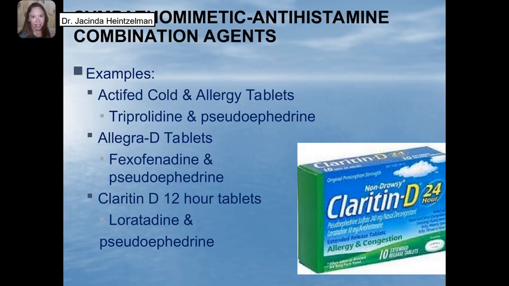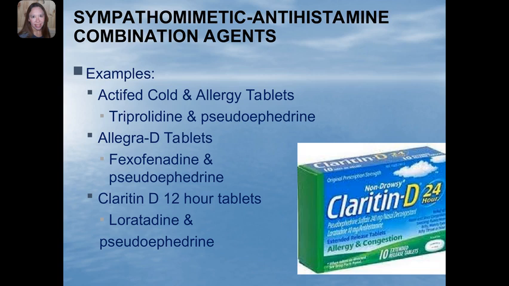We do have combination agents where it is going to have the sympathomimetic, such as pseudoephedrine, mixed with an antihistamine working on the allergies, and they're all put together into one pill form. Because it has the sympathomimetic added to the antihistamine, you can't purchase these directly off the shelf at the pharmacy.